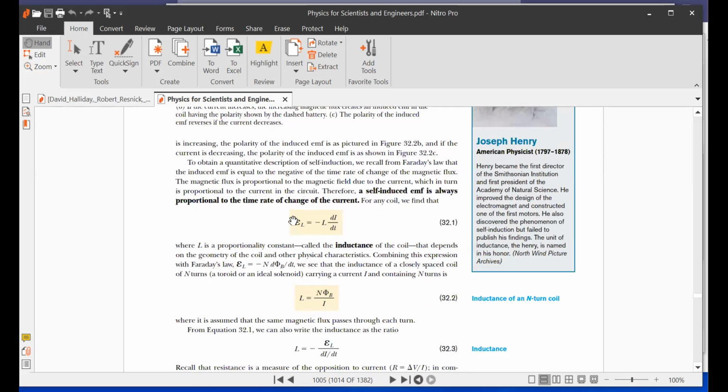This formulation is only valid if I depends on time. What if we replace this I by a DC current?